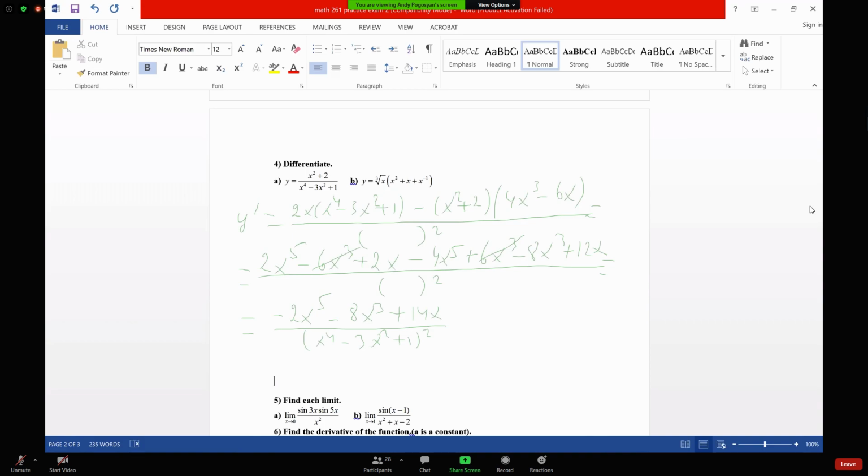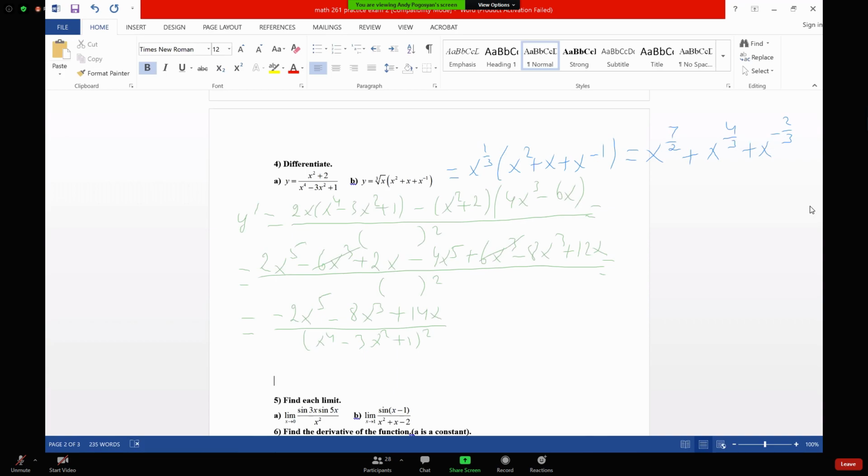Now for the second one, so this one writes y equals x to the 1 third times x squared plus x to the negative 1 equals, when you distribute, you get x to the 2 plus 1 over third. So it's 7 over 2 plus x to the 1 plus 1 third, 4 thirds, plus x to the negative 1 becomes negative 2 thirds.